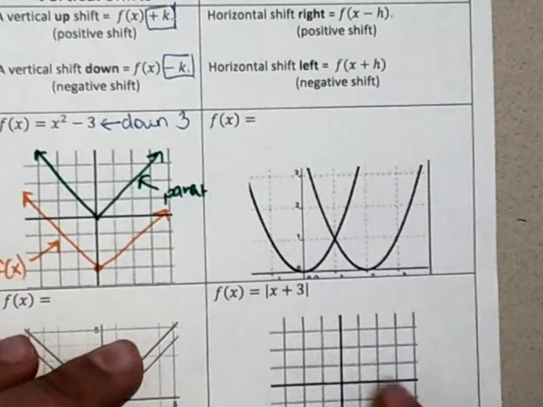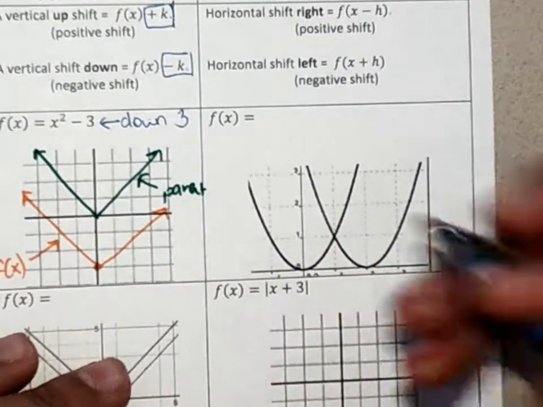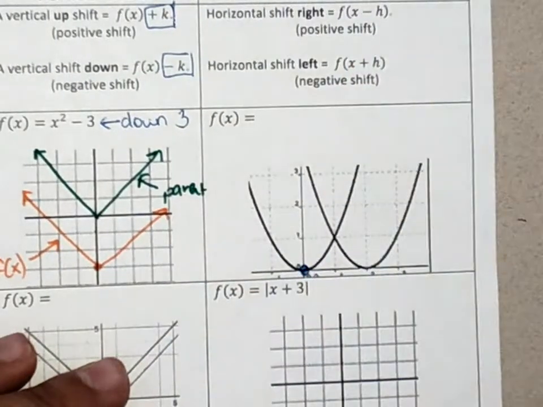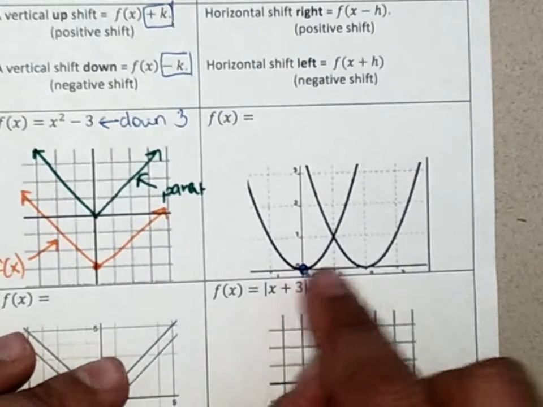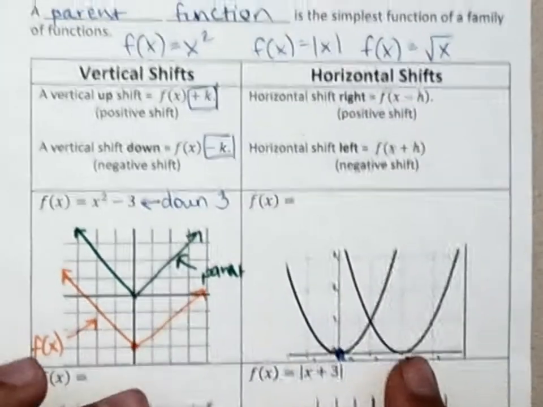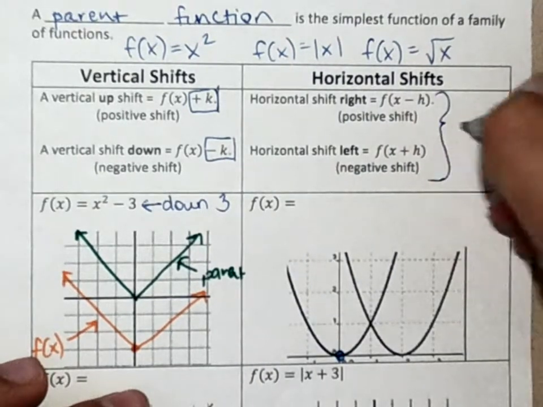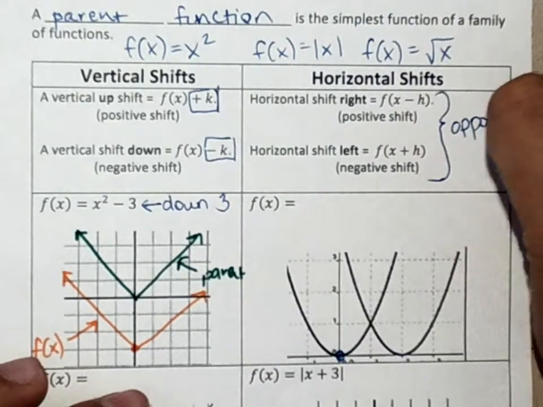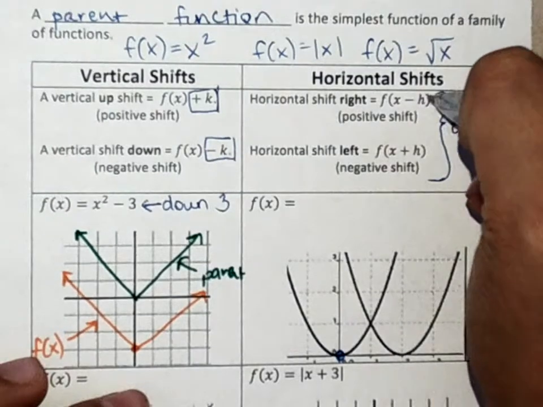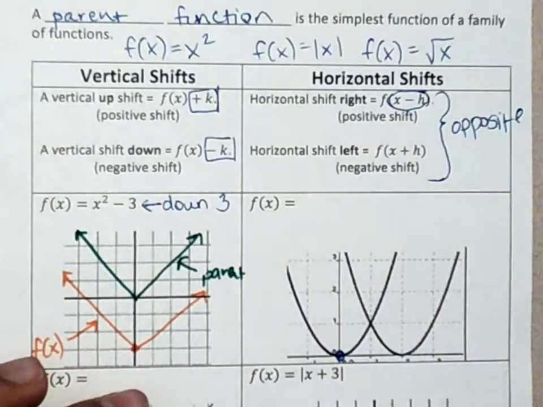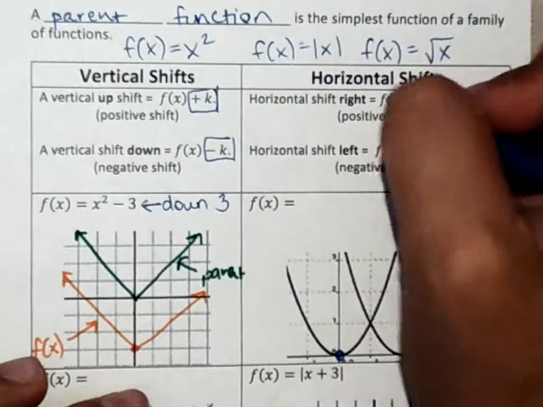In our next example, we are given the parent function. We know that because it's starting right at the origin, and it looks as though it's moved over to the right. So this is going to be a horizontal shift. The thing with horizontal shifts is you have to think opposite. So if we have a negative value, that means we're making a positive shift.